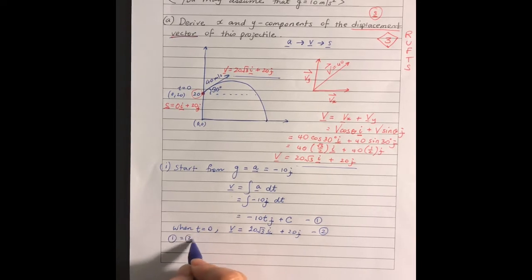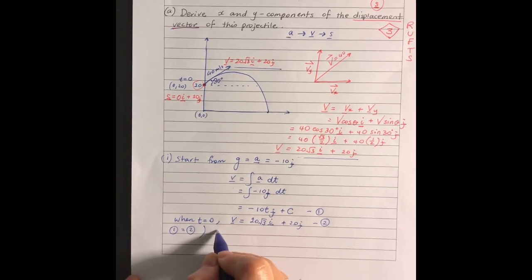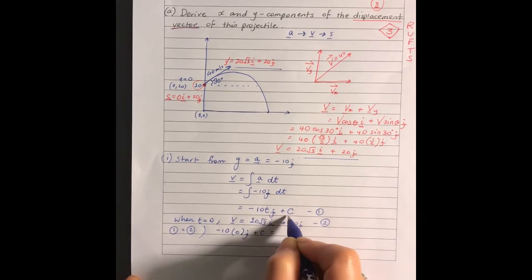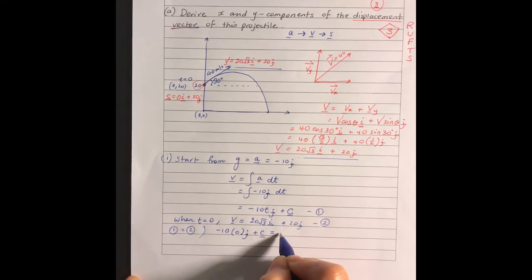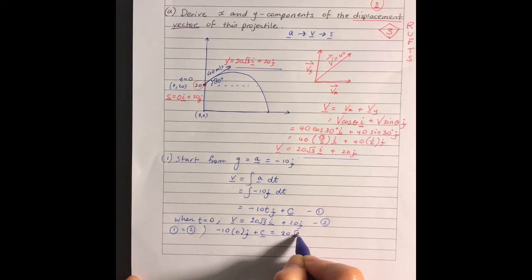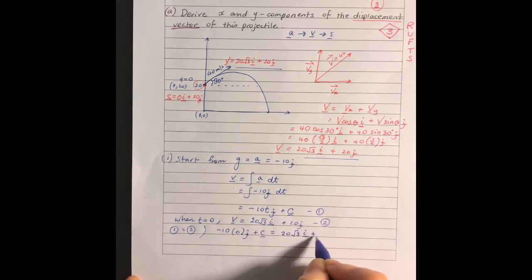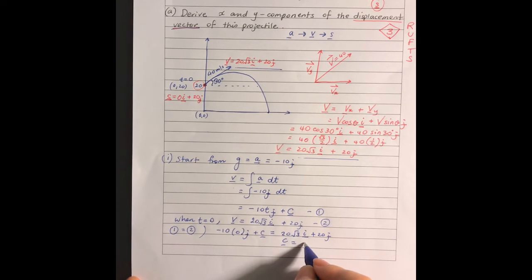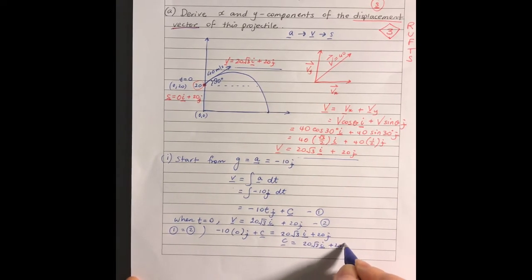So I'm going to do that. I will get minus 10, t is 0, j plus c vector, equals 20 root 3 i plus 20j. So therefore my vector c is 20 root 3 i plus 20j.